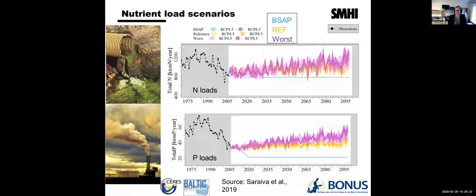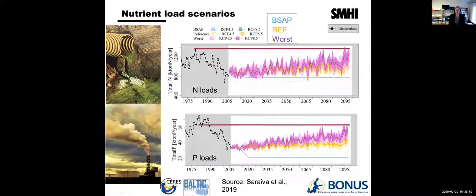What is interesting with these figures is that if you look at the nitrogen load we had at the beginning of the 80s, it's very high, and as a mean average we are not reaching this even at the end of this century. So even with the worst case scenarios, we have done a pretty good job so far decreasing the nitrogen loads.